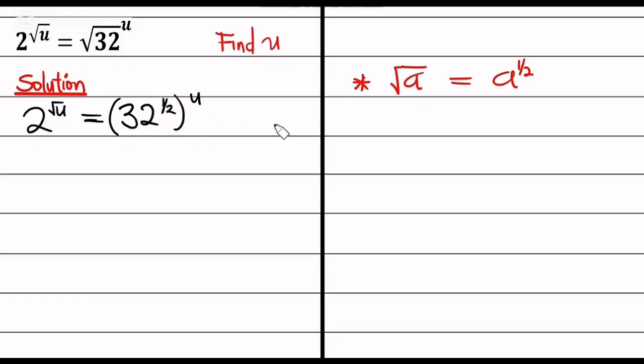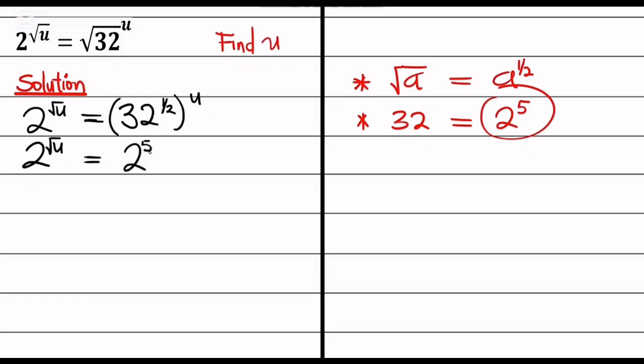To continue, we're going to rewrite 32 as 2 raised to the power of 5. Instead of writing 32, I'm going to use 2 raised to the power of 5. Therefore, my equation can be written as: 2 raised to the power of square root of u equals 2 raised to the power of 5, in parentheses, then this half is still here, then we have this u that is still there outside.